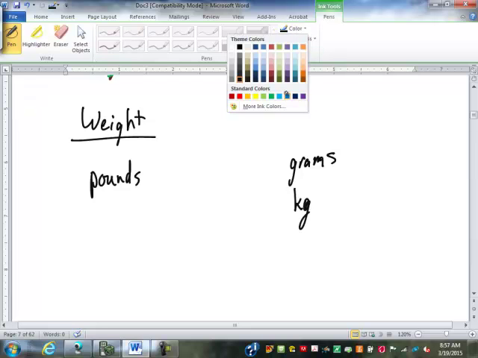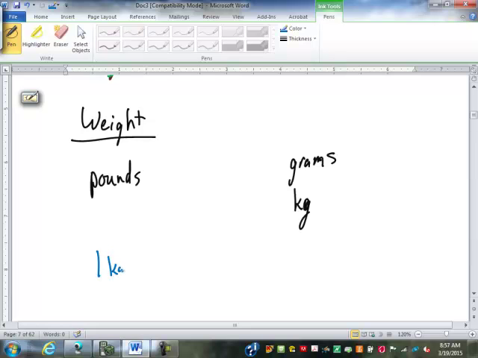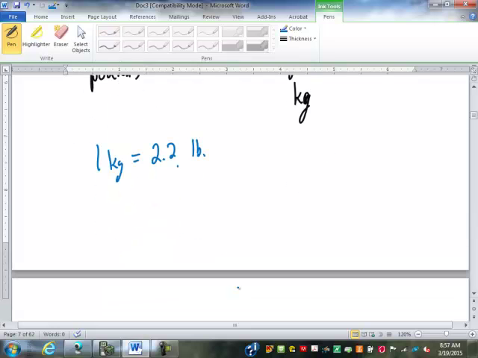And our relationship between pounds and kilograms: 1 kilogram is approximately 2.2 pounds. Technically, it's like 2.213 pounds, which is one of the conversions I used to use when I was more exact with stuff. But even in the medical fields now, they accept 2.2 pounds as the conversion. It's quick enough, close enough to matter.